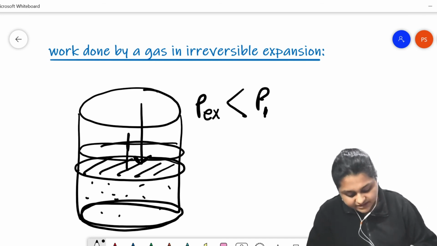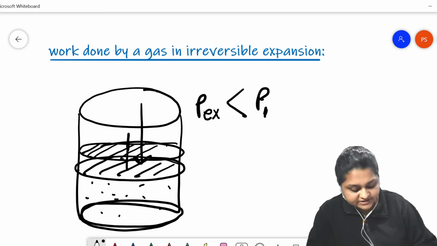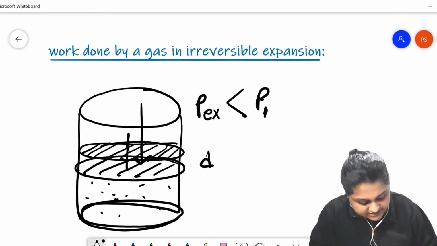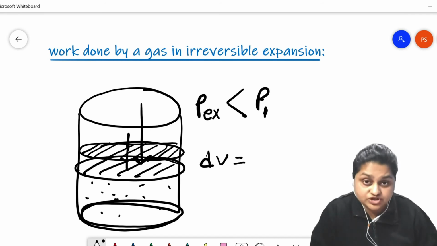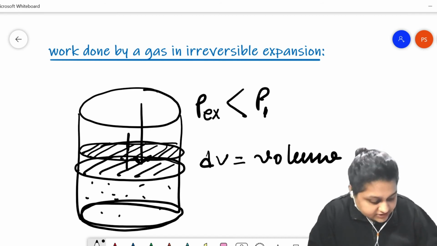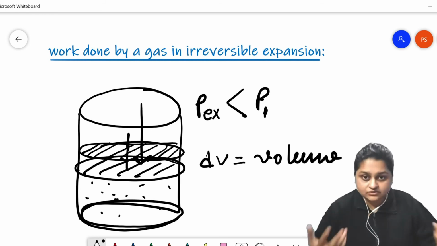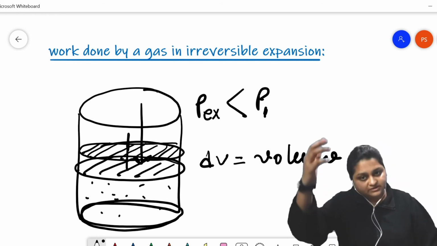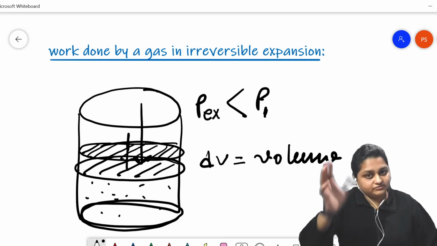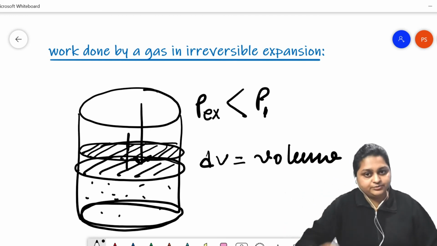Now, as irreversible expansion occurs, a finite amount of change will happen. Let's see that dV, it is the volume change that has occurred, and this volume change is the increase in the volume because in the expansion, the external pressure that is being applied is considerably less compared to the internal pressure P1.